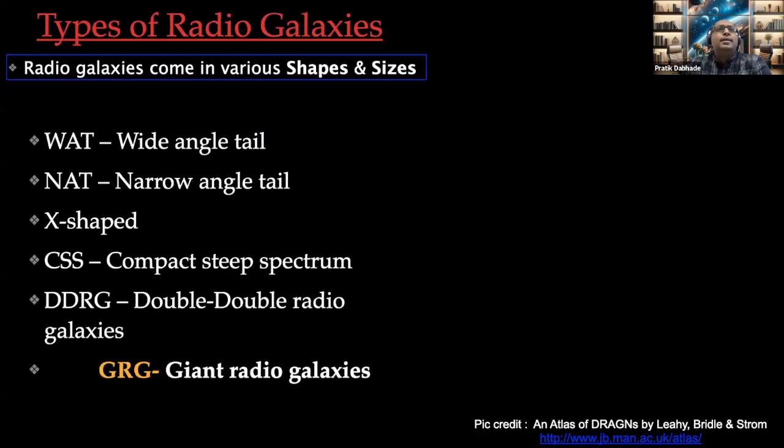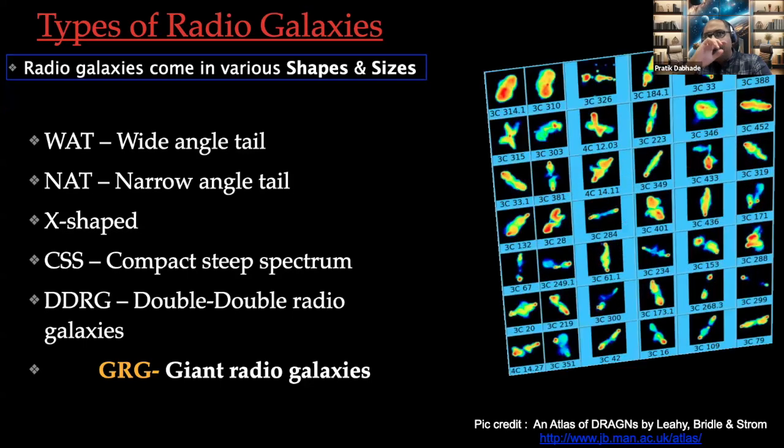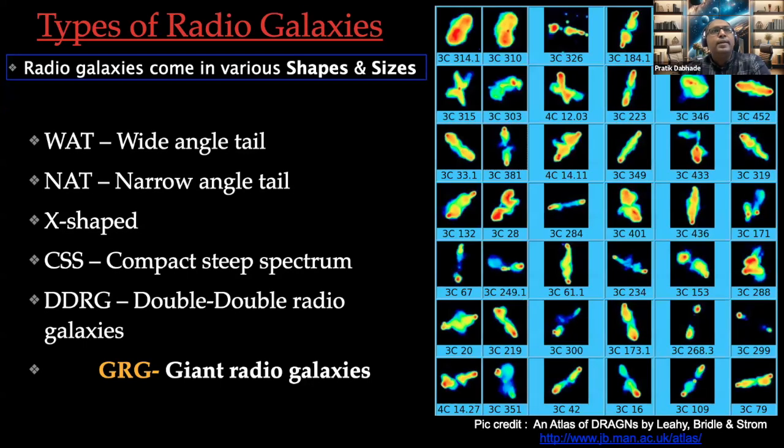And radio galaxies come in various shapes and sizes. Depending on their properties, we often label them into these categories, where the wide-angle and the narrow-angle tailed radio galaxies are mostly associated with galaxy clusters, where these host galaxies are infalling towards the cluster center and thereby causing this peculiar shape.